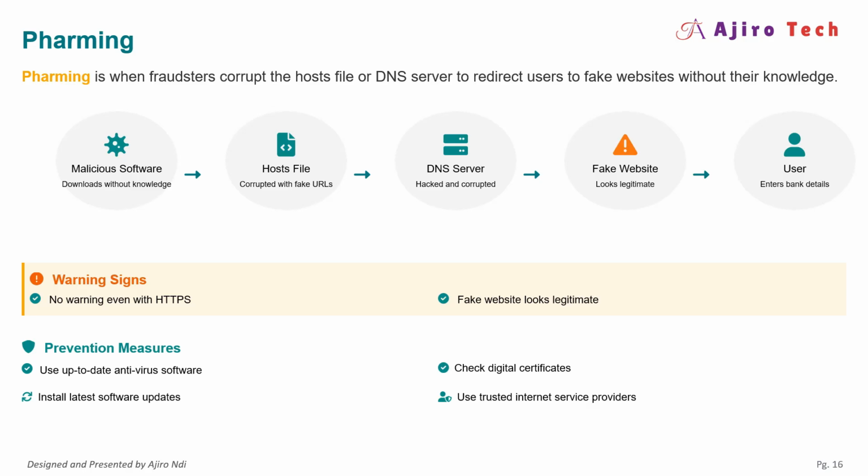Once it has corrupted the host file, it will take the user to fake websites that look legitimate. So you download it without your knowledge, it corrupts the host file, the DNS server is hacked and corrupted, and then every time you'll be redirected to a fake website.